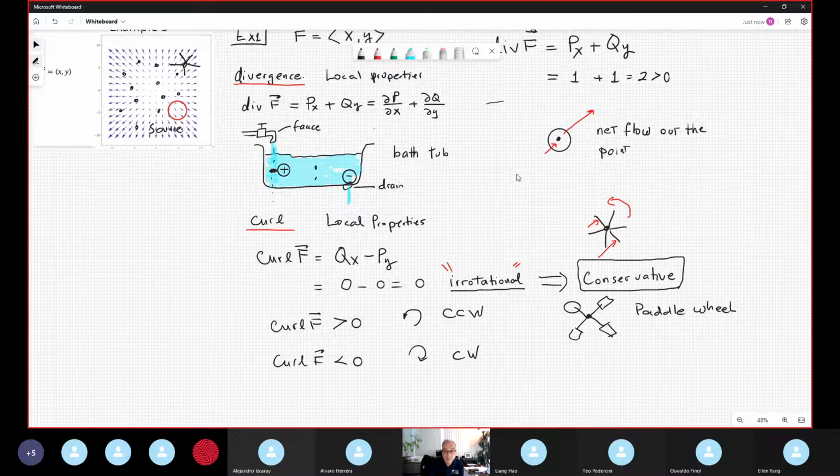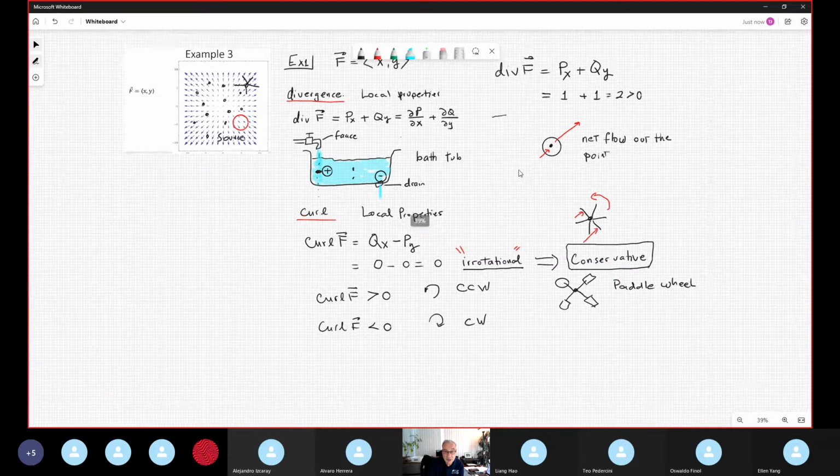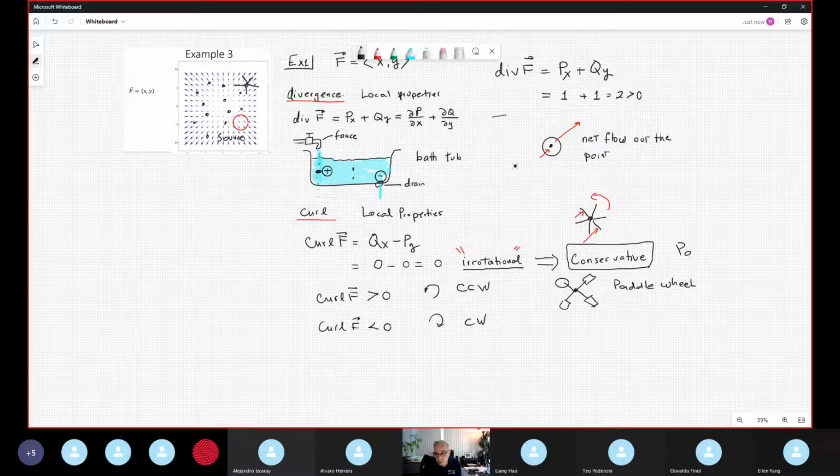Mathematically speaking, if a vector field is irrotational, you can find a potential function. Yeah, I promise, guys, that we are doing 1,000 examples of potential function. Okay, compute the potential function. So first of all, you compute the curl of the vector field. 0. Wow, good. It's irrotational, and now it's conservative.